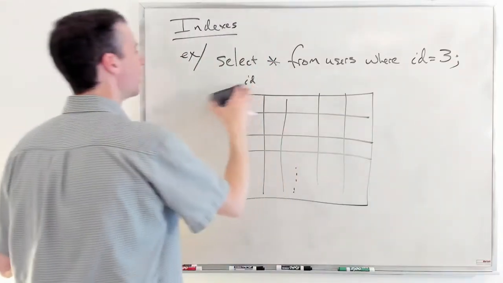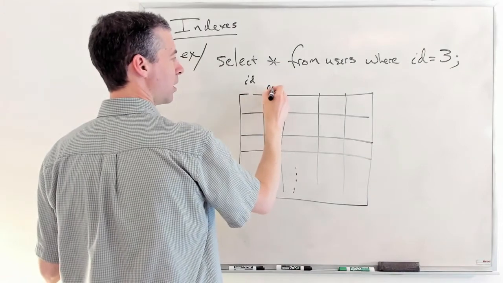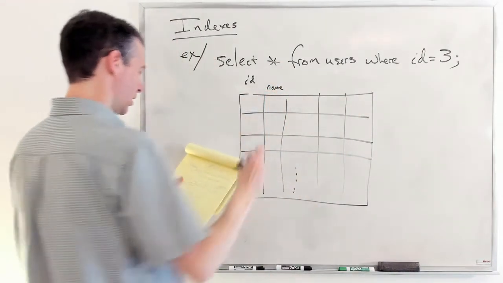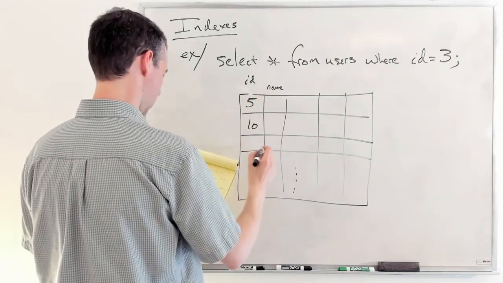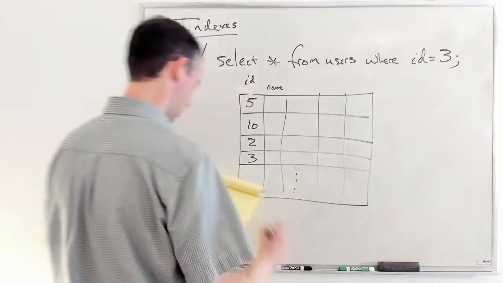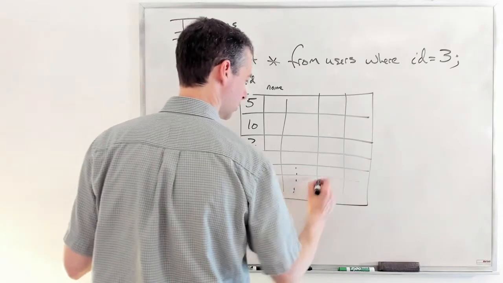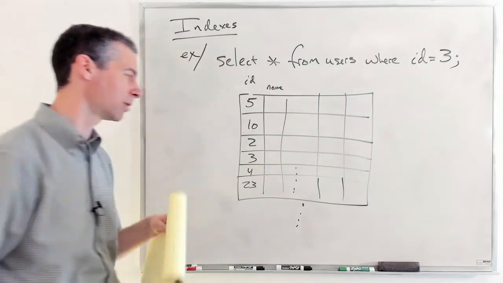And you're going to have other ones such as the user's name and so forth. And so you have these IDs, and you're going to have 5, 10, 2, 3, 4, 23. Like these rows just keep going on and on and on.